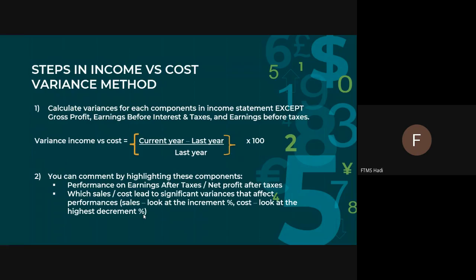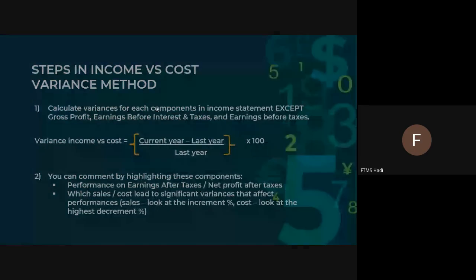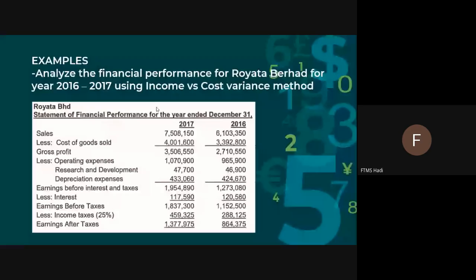All right, I'm skipping this one. If you understand fully, we're not talking about financial performance here, we're talking about profit, that means the statement of income and loss. You see here the word less. This is less, this is less, and this is less.